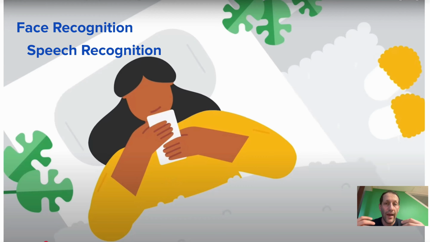And when you ask Siri to tell you the weather, that's another application of AI called speech recognition, which takes the audio and converts it to text. And when you ask for the weather, that is another application of AI called forecasting that predicts what the weather is going to be like.